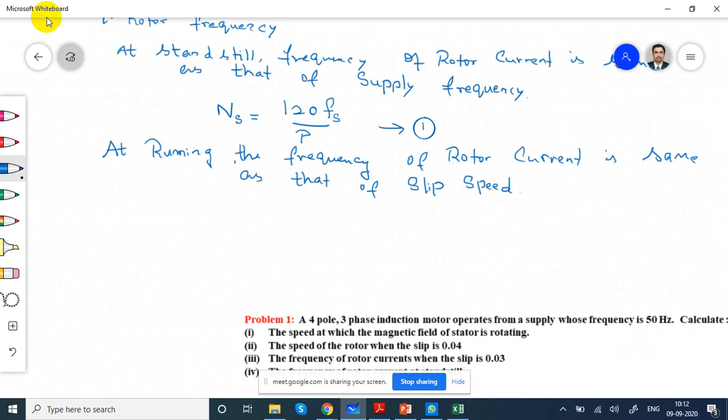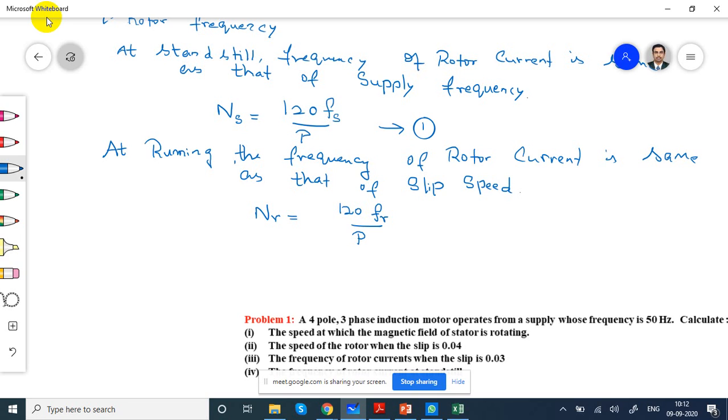Slip speed means the frequency of rotor current, the notation is Nr. Nr equal to 120 Fr by P.